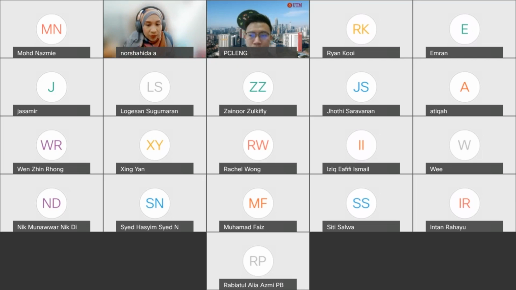Dia tak ada kekangan dari segi keluasan unit tu. Dia dikira based on number of unit, bukan number of area. Tapi dia ada control, sebab kalau tengok slide yang Nazmi share tadi, ada plot ratio dan juga density.